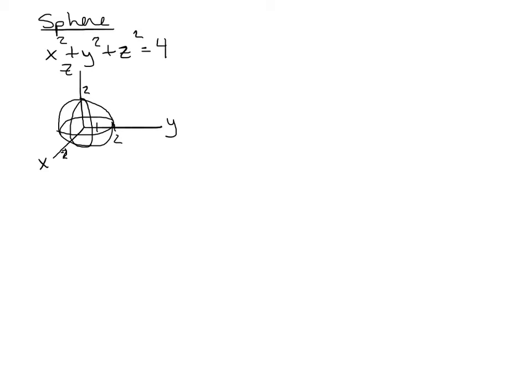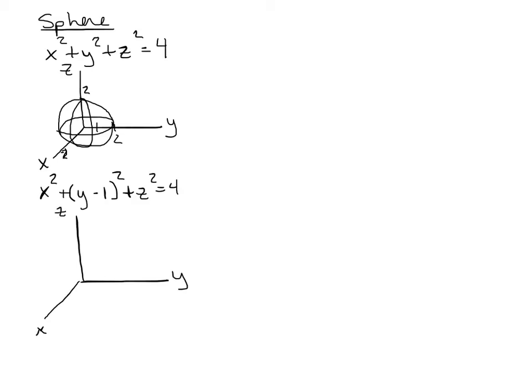We could center the sphere elsewhere. So let's just say that I've got x squared plus, let's go, y minus 1 squared plus z squared equals 4. So shifting properties of graphs work exactly how they've always worked. So this is going to shift over 1. So from that y equals 1 position, all the other ones are still 0.